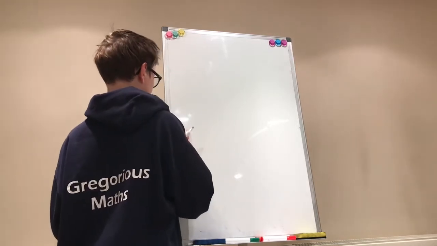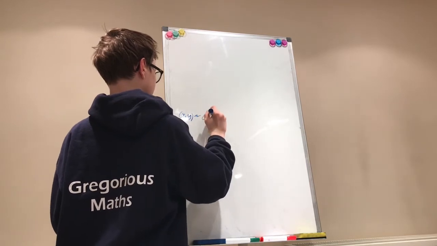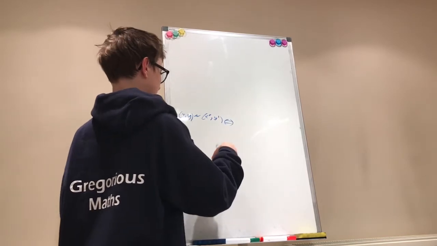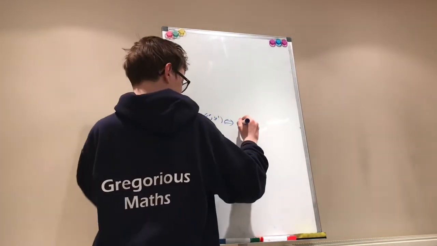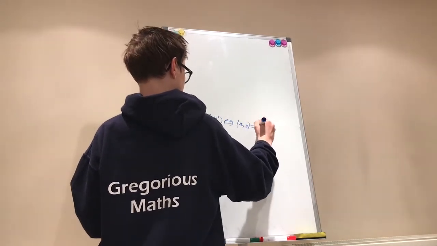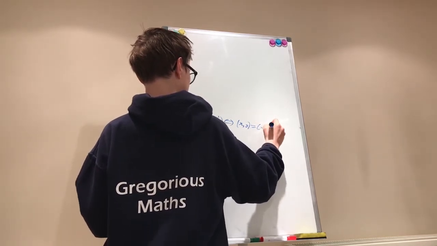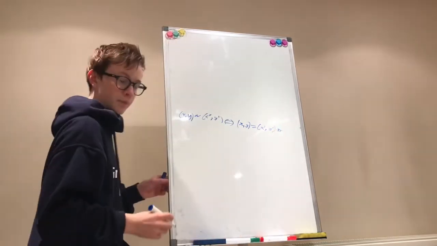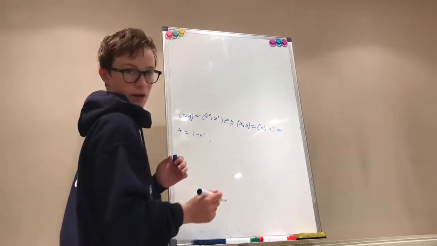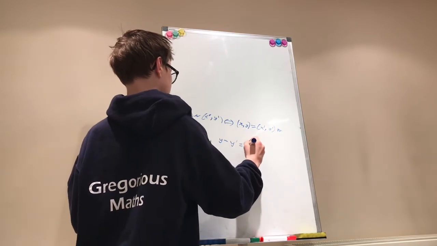If we have (x, y) tilde (x prime, y prime), equivalent to saying either that (x, y) is equal to (x prime, y prime), or x equals 1 minus x prime, or y minus y prime equals plus or minus 1.